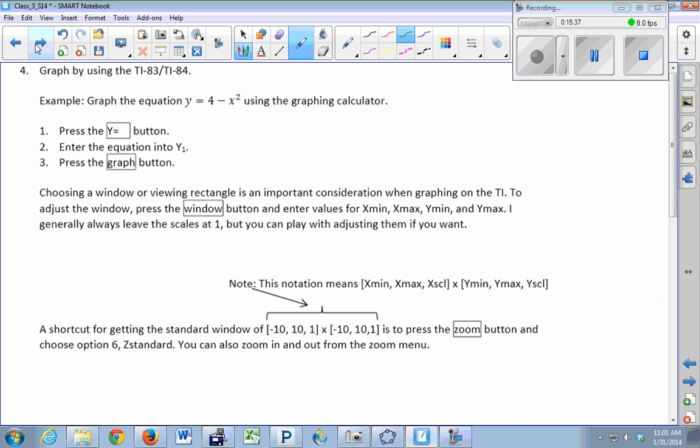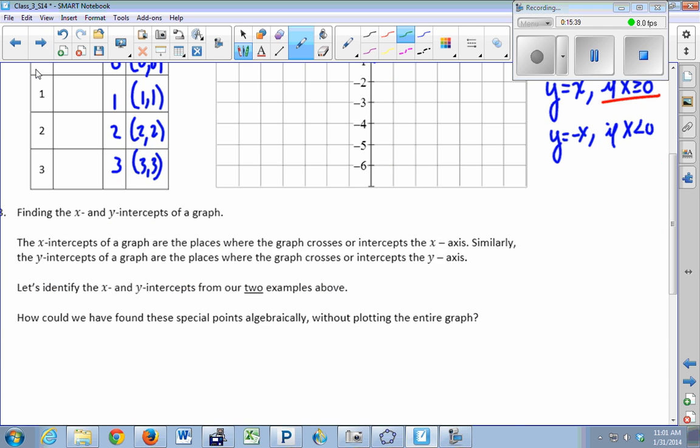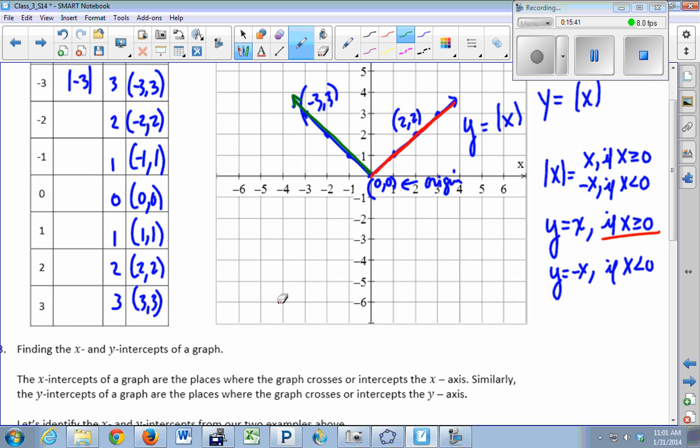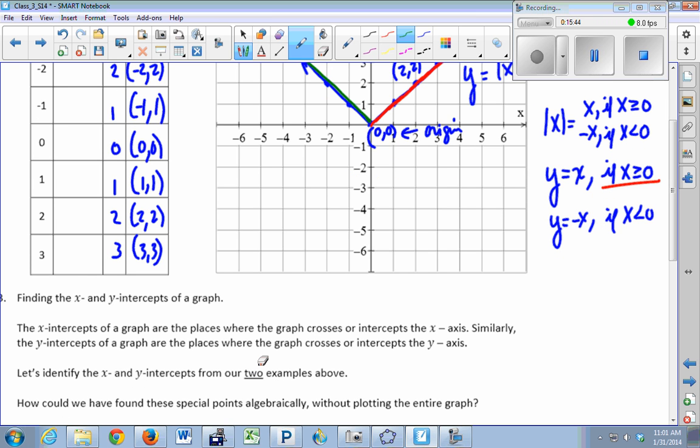Okay, so let's take a look at x and y intercepts. So the x-intercept is when your x-axis gets in the way of your graph, just like when hopefully someone's going to intercept Peyton Manning this weekend, if you're a football person. All right, so the x-axis gets in the way of the graph. Your y value is 0.